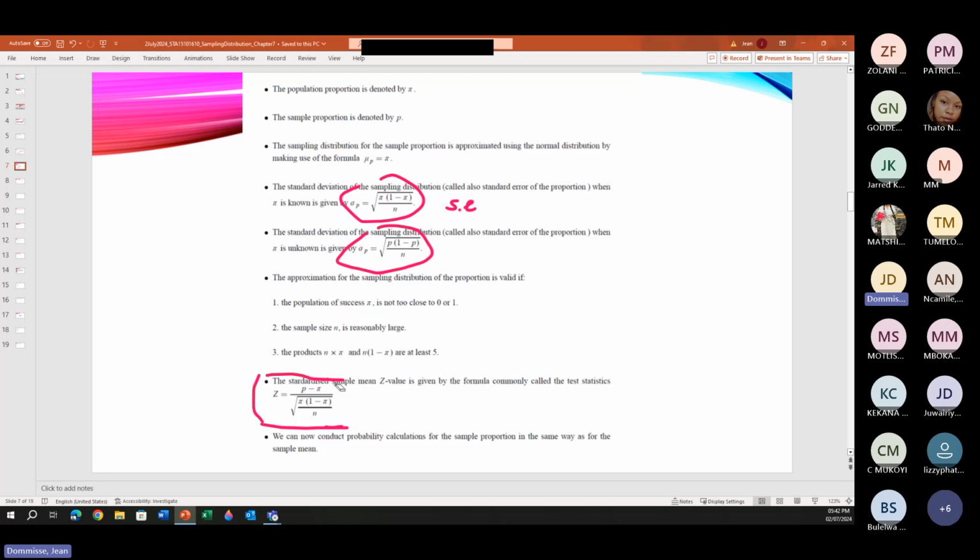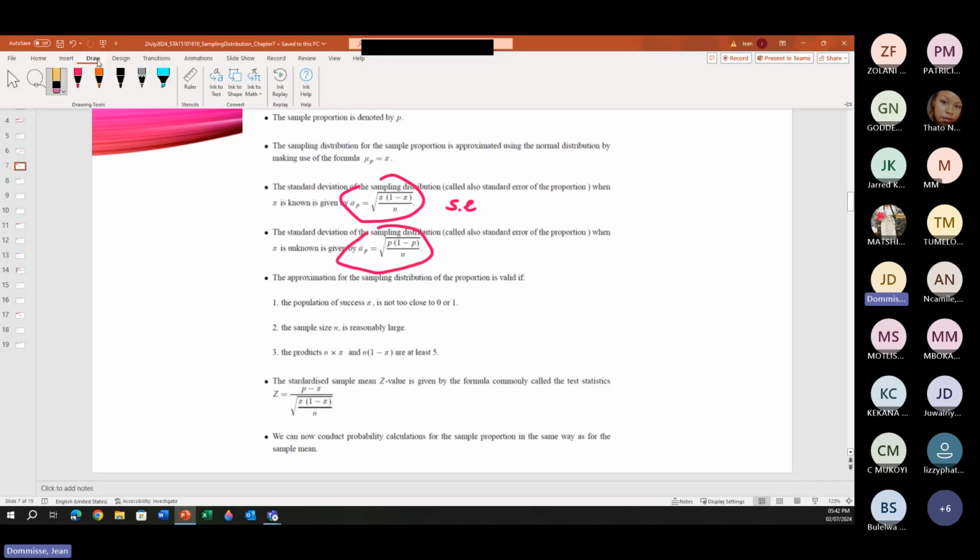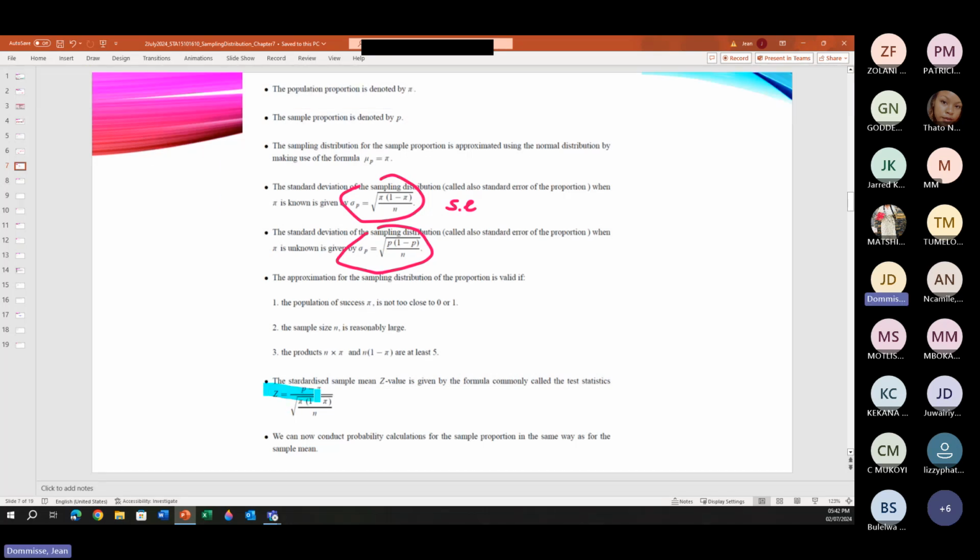So just be very careful again with what they are asking, and what is all the information that they are giving you.